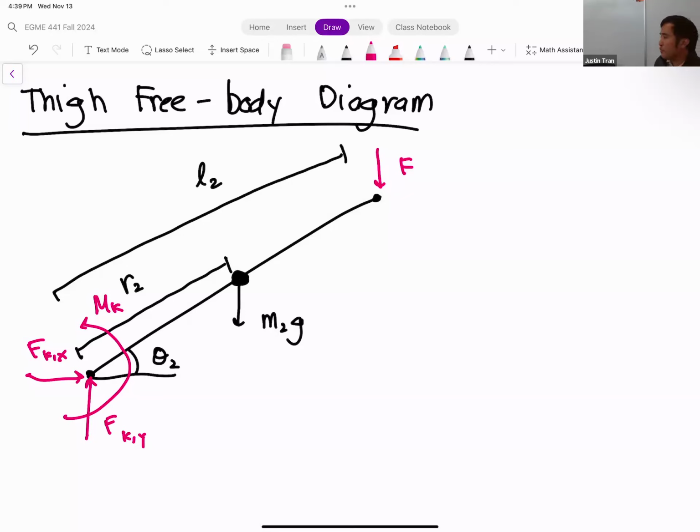And then we have the net joint forces at the hip. So it's FHY, FHX, and then MH. So this actually looks very similar to before. So let's go ahead and write out all of the equations here.